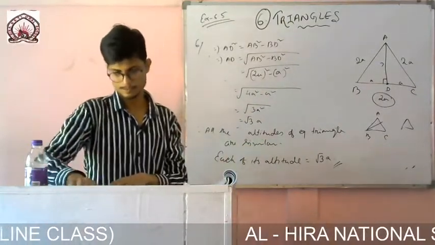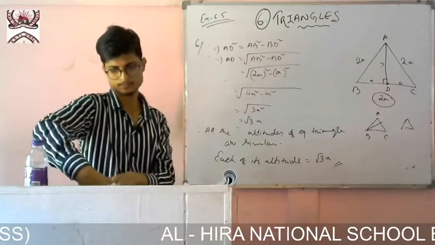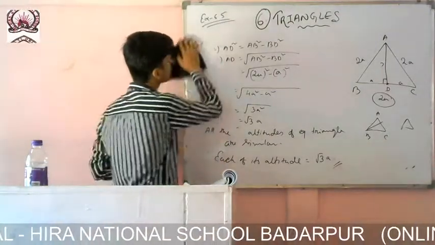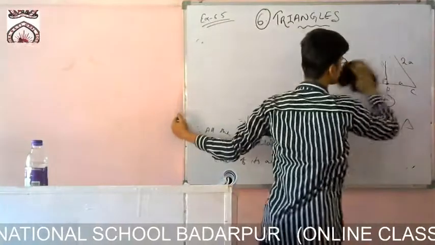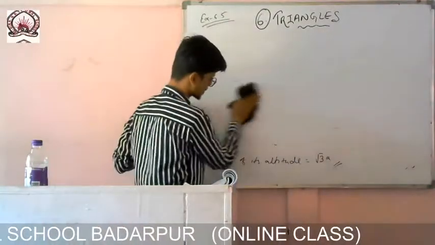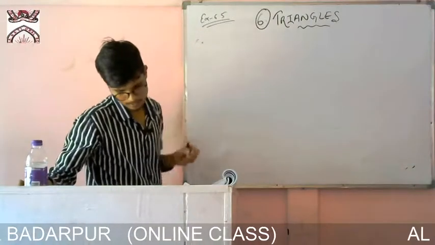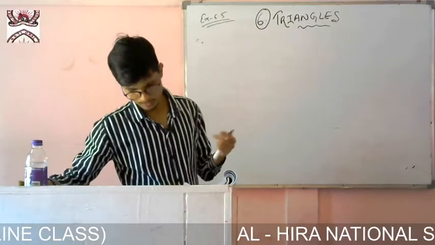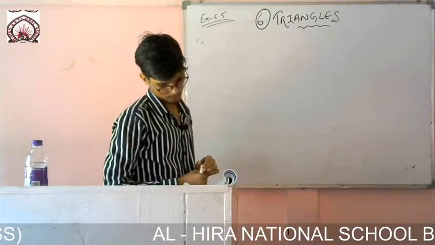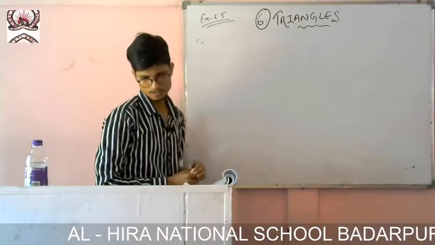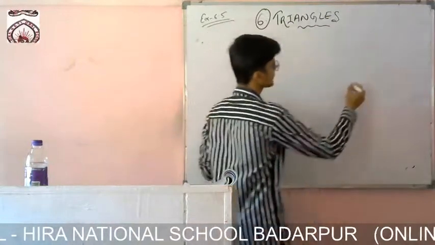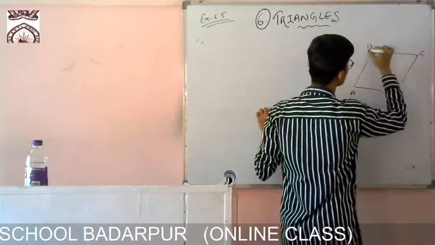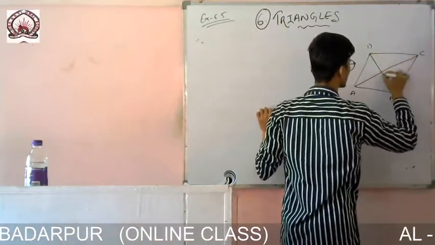So first of all, let me draw this one. You see what is given: first I have to draw a rhombus ABCD, then draw its diagonals, and show that the sum of the squares of the sides is equal to the sum of the squares of the diagonals.